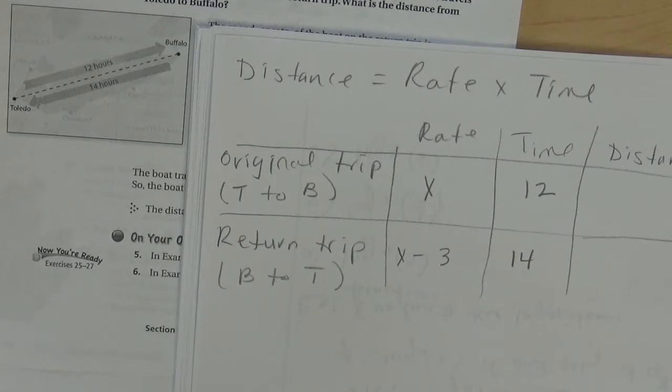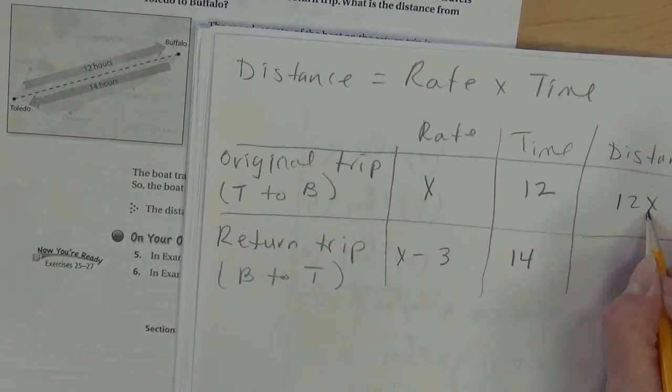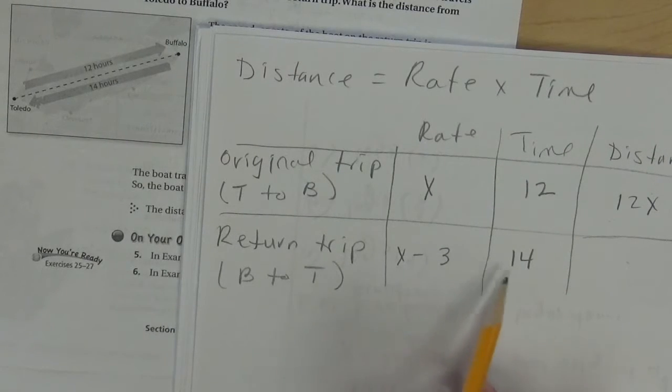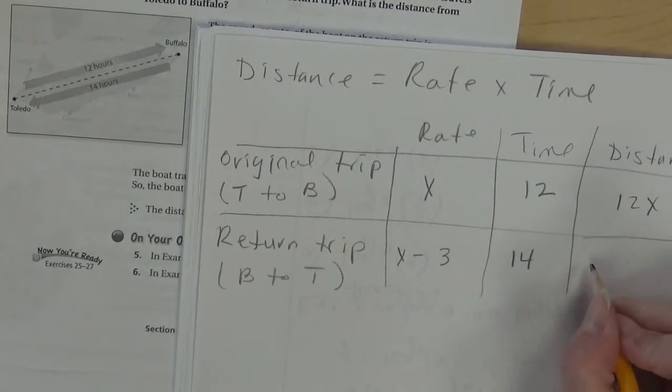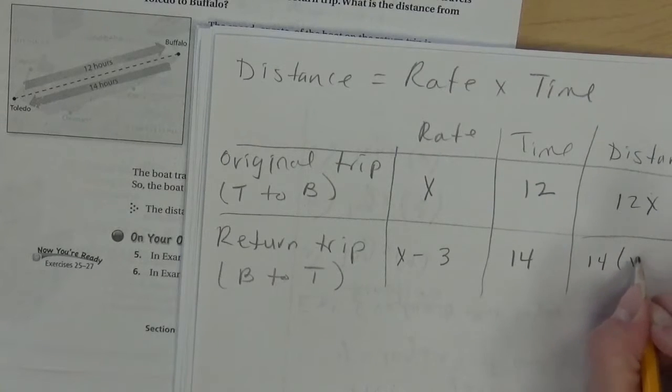Now, they're asking us to find the distance from Toledo to Buffalo. We don't have any information to put in here yet. However, we know from our formula that distance is rate times time. So I can multiply rate times time, that's 12x. And on my return trip, that's 14 times x minus 3.